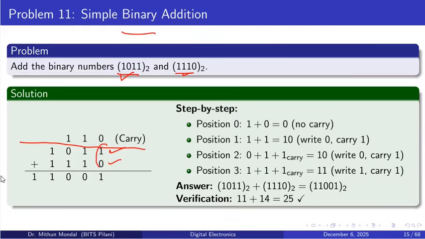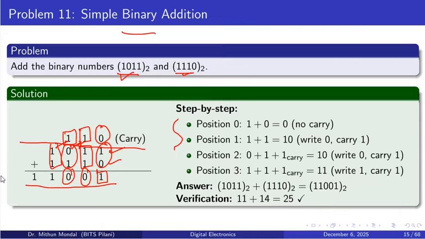Now we add 1 plus 0, which gives 1 and the carry is 0. 1 plus 1 is 10, which has 0 as the sum and 1 as the carry. 0 plus 1, we have 1 and the carry is 0. 1 plus 1, now here we add the carry whatever we have. So finally we will have the representation 1 1 0 0 1 1.